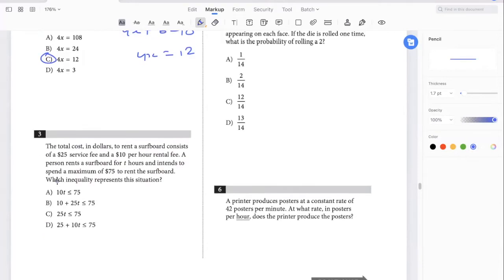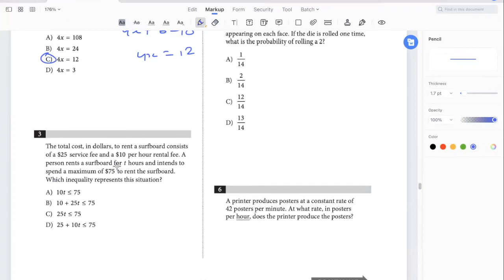The total cost in dollars to rent a surfboat consists of a $25 service fee and a $10 per hour rental fee. A person rents a surfboat for T hours and intends to spend a maximum of $75 to rent the surfboat, which inequality represents this situation.